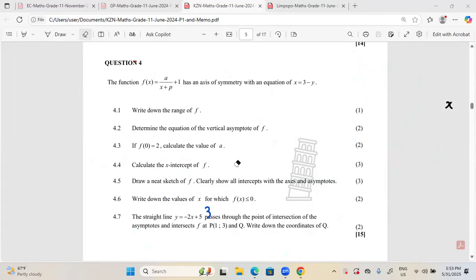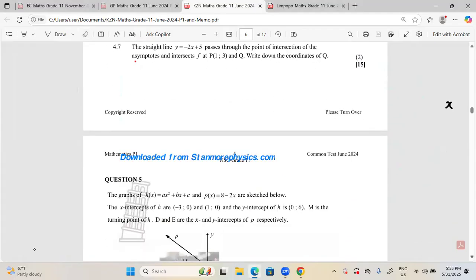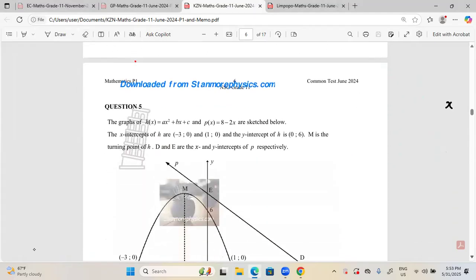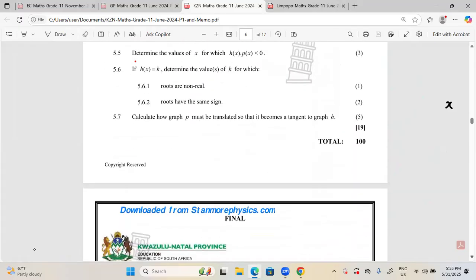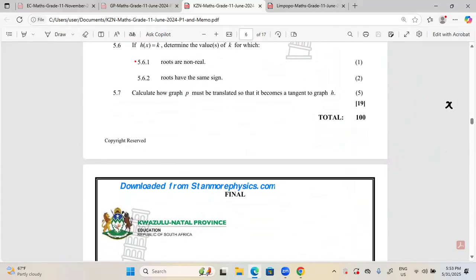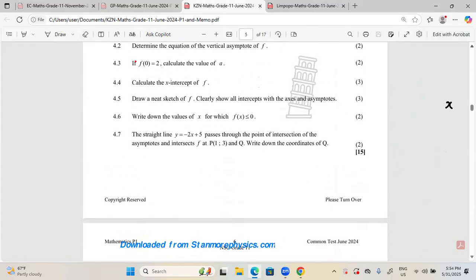I want to look for the exponential function from KZN. Is it there? This is quadratic. Okay, let's go.